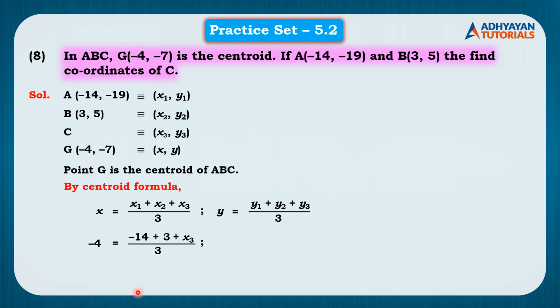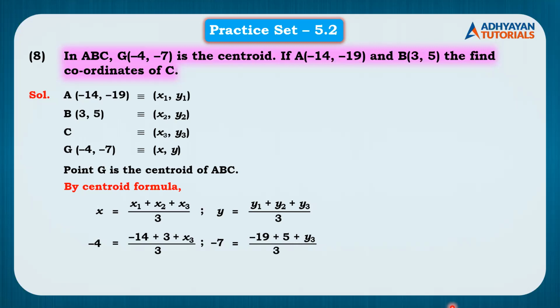Now the value of y is minus 7. So minus 7 is equal to y1. y1 is minus 19, plus y2, y2 is 5, plus y3. We don't know y3, so y3 remains as it is, upon 3. So students, have you understood this?